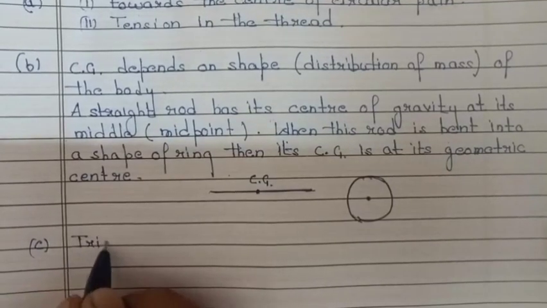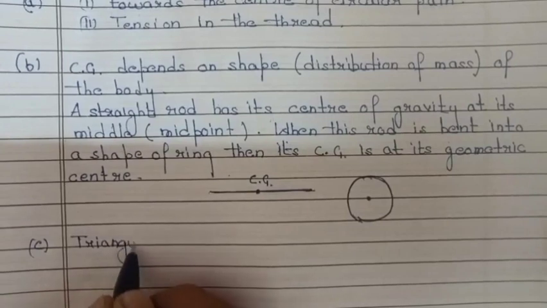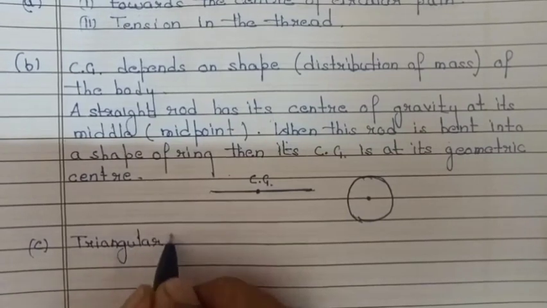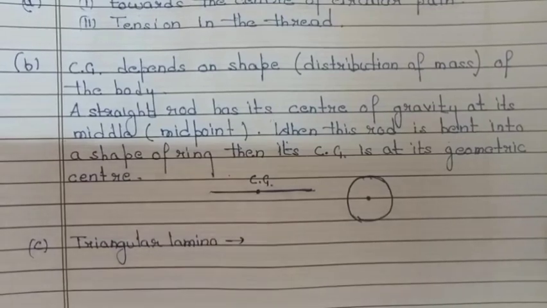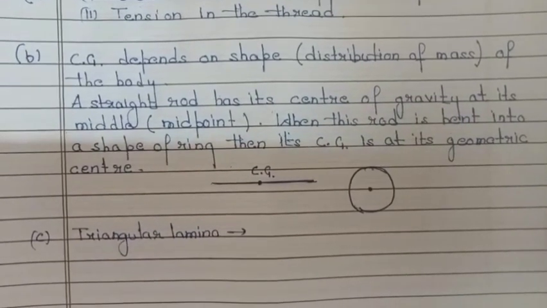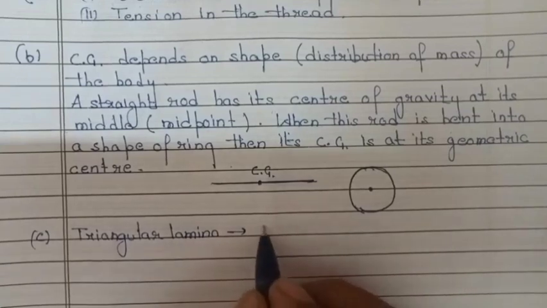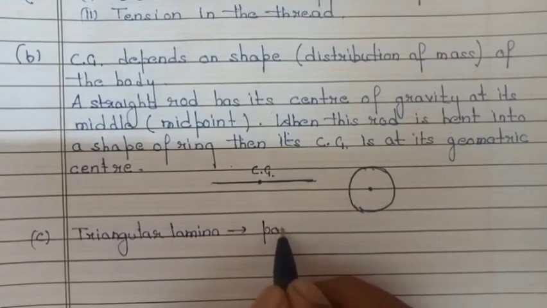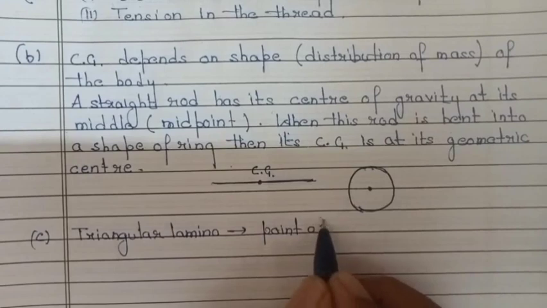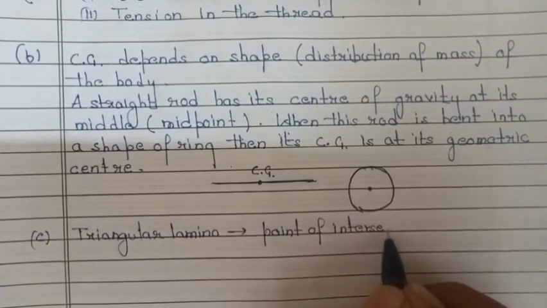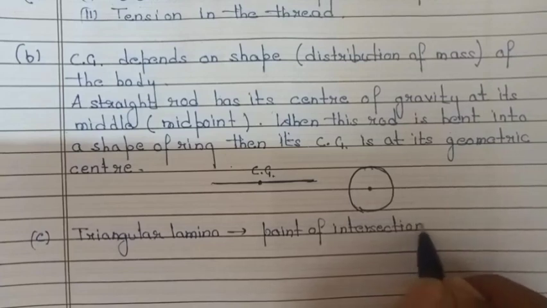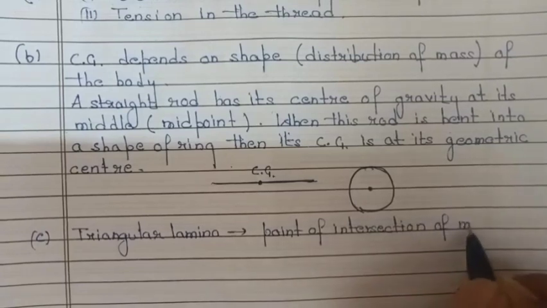First of all, for a triangular lamina, the center of gravity will be the point of intersection of the medians.